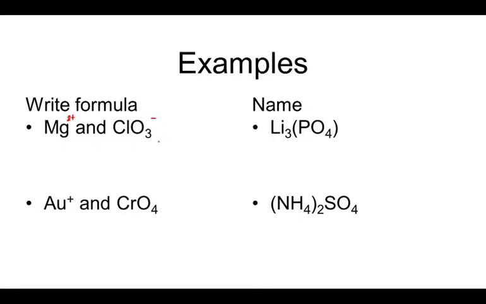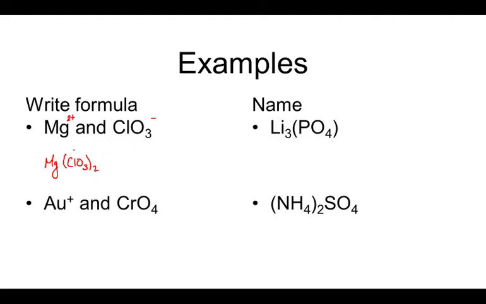Now you can do the crisscross thing, or you can see that we need 1 full chlorate to match the magnesium, and so we need a magnesium, and then we need 2 of these chlorate things. Now, in order to represent that we need 2 of them, we're going to use parentheses and put the 2 outside like this.